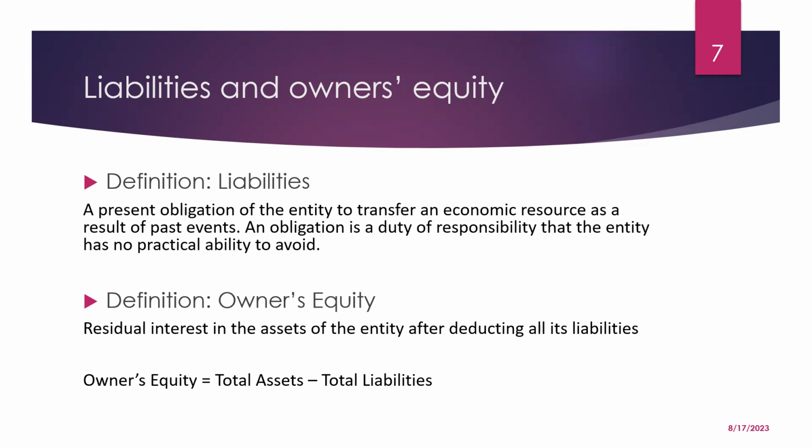And the definition of owner's equity. While explaining the liabilities, I have given you some examples. So we can say liabilities are loans and advances that we have taken, or else the trade payables or the goods that we have taken on credit.